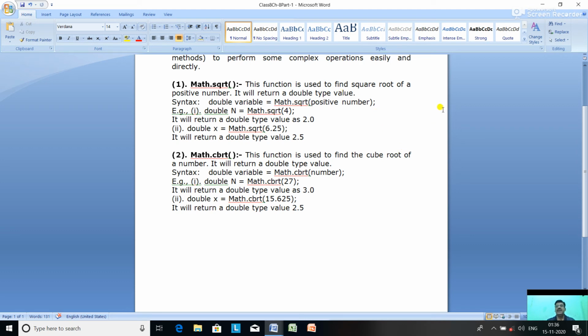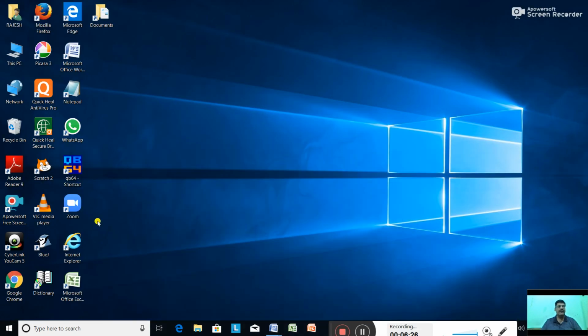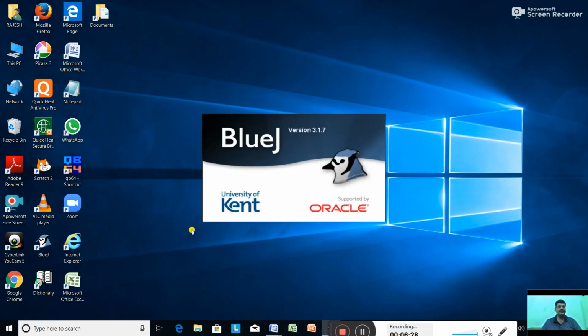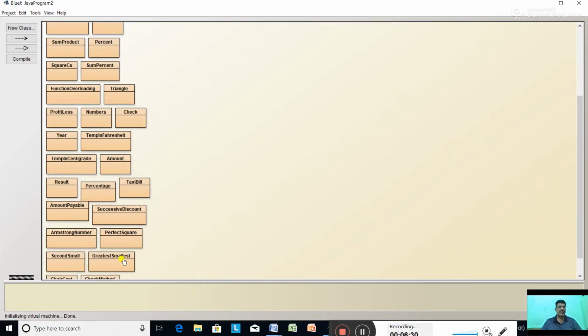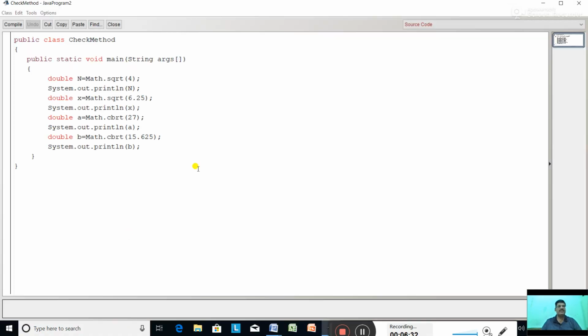Now let us see both these examples in BlueJ. Check method. See, double n equal to Math.sqrt(4), System.out.println(n). Double x equal to Math.sqrt(6.25), System.out.println(x). Double a equal to Math.cbrt(27), cube root of 27, System.out.println(a).